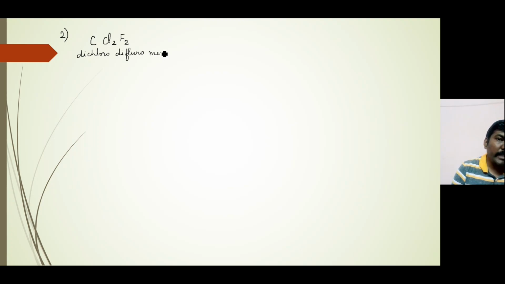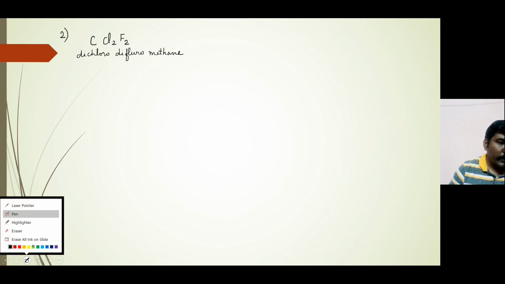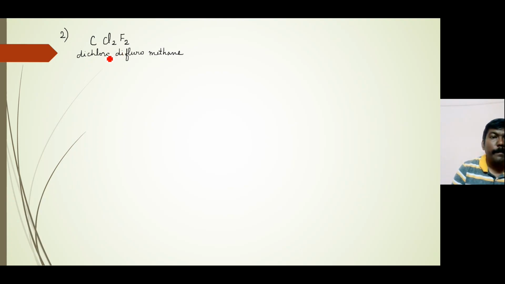You have one carbon atom, so it is methane: dichlorodifluoromethane. So you know the expression. The expression is supposed to be C M H N Cl suffix P and F suffix Q.